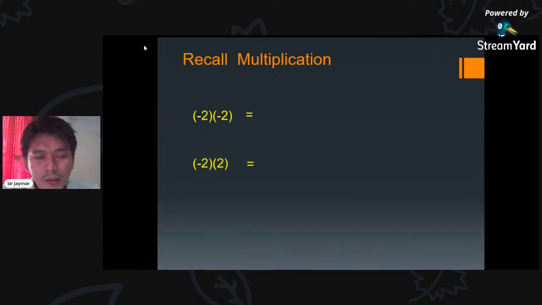What will be the result? Number 3, 2 times negative 3. Then last, negative 2 multiplied by negative 2, multiplied by negative 2. Let us see what will be the result. Let us check your answer.